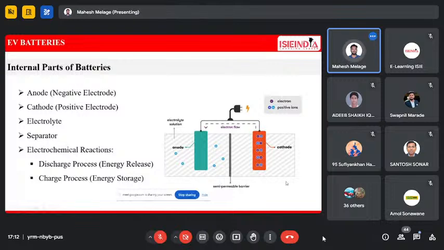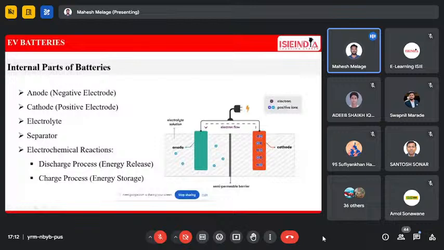The separator is provided to allow the flow of ions only, not the electrons. The electrons only flow in the external circuitry. You can see the electrons only flow through the external circuitry, but the separator allows only ions to flow through the electrolyte. The electrons cannot pass through the separator.